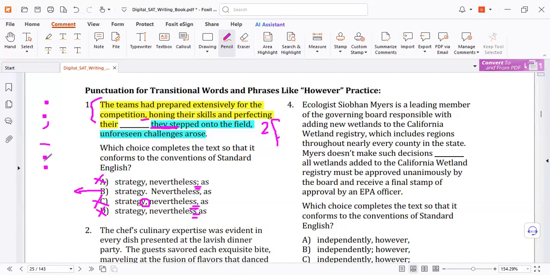And most common in the test, these 4. That's it. Is there contrast? Yes. Had prepared extensively. And how they stepped onto the field, unforeseen challenges arose. Prepared extensively and challenges, contrast.